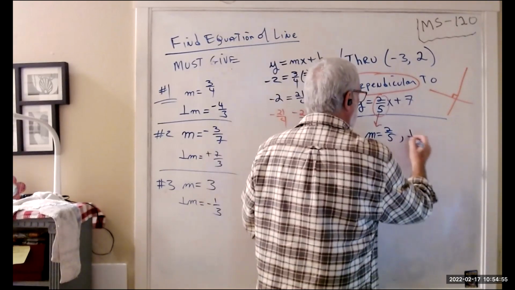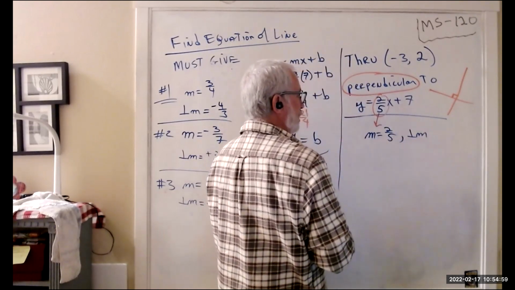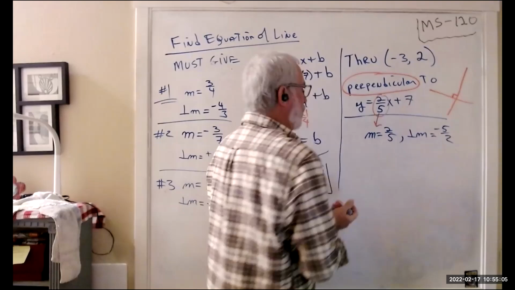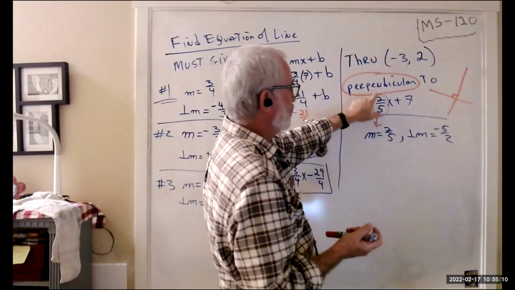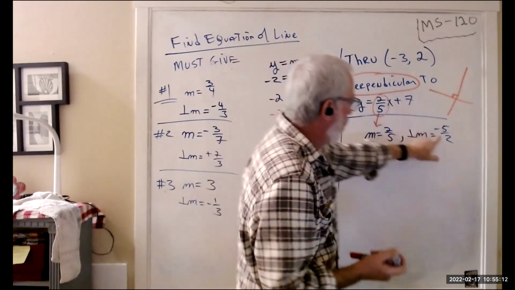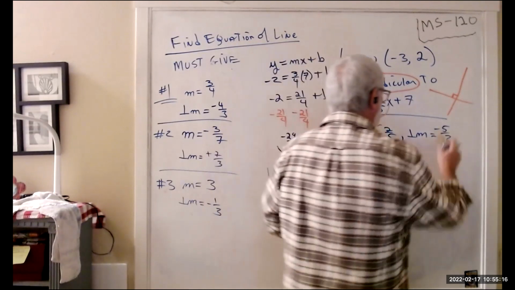So the perpendicular slope that I want to use would be what? -5/2. Yep. This is the slope of this line, but because the problem says use the perpendicular, we're going to use this number instead.